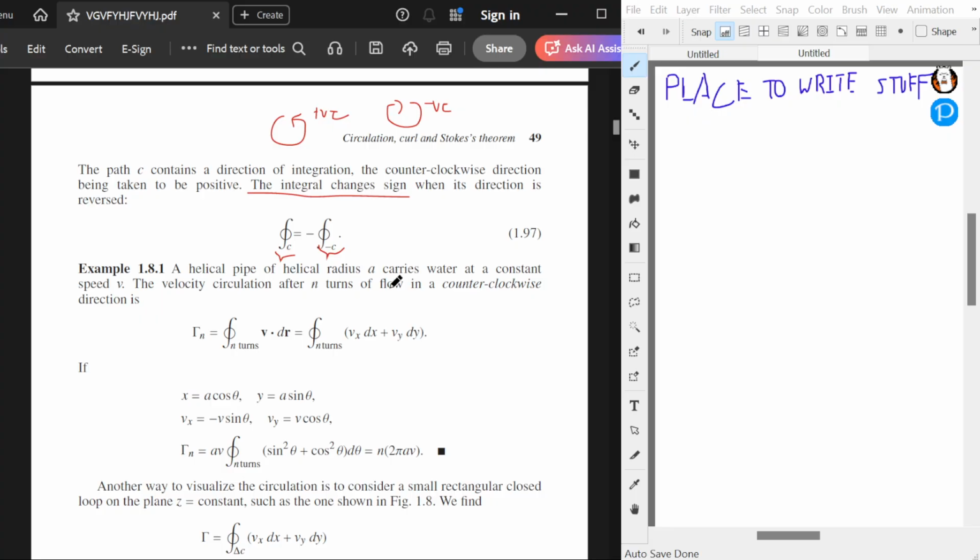A helical pipe of helical radius A carries water at a constant speed v. The velocity circulation of the n turns of flow in a counterclockwise direction is this. Let me see if I can remember what a helical pipe is. Helical radius A, maybe.